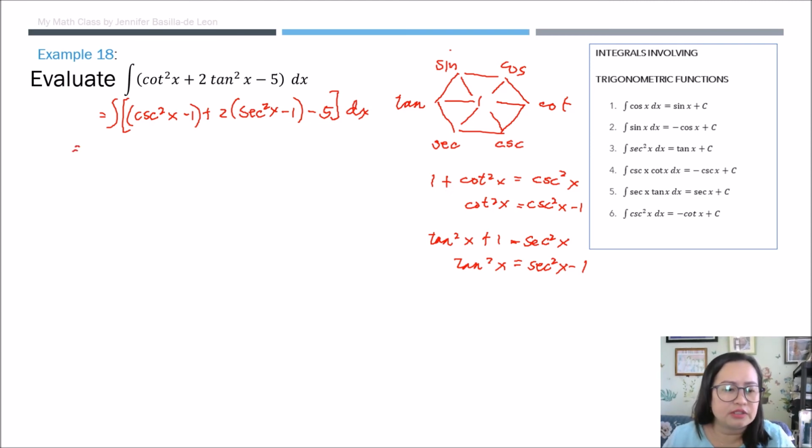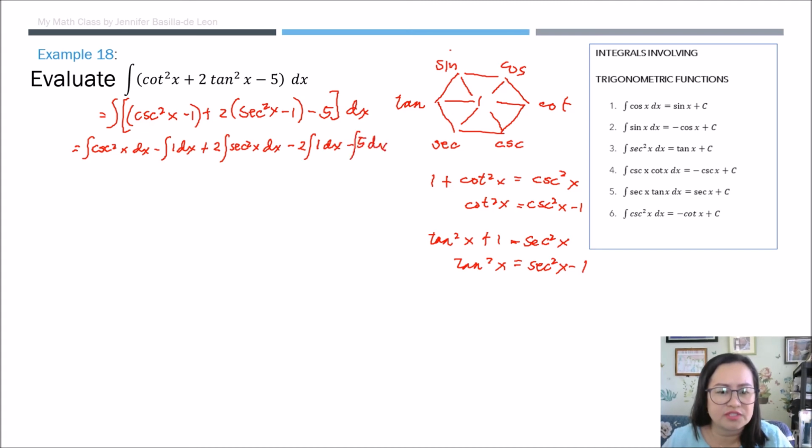Now, getting the antiderivative of each term, we shall have the antiderivative of cosecant squared x dx minus the antiderivative of 1 dx plus 2 times the antiderivative of secant squared x dx minus 2 times the antiderivative of 1 dx, and then minus the antiderivative of 5 dx.